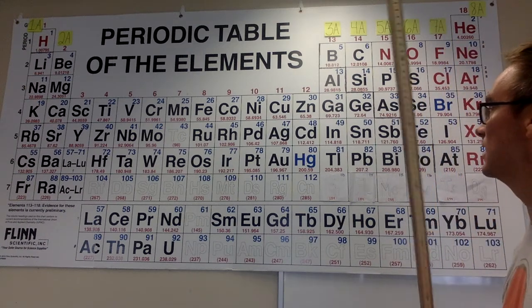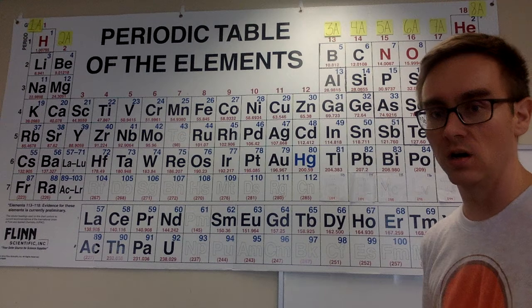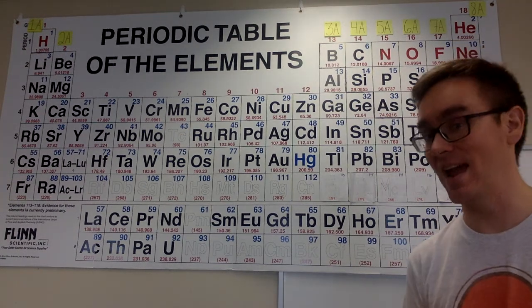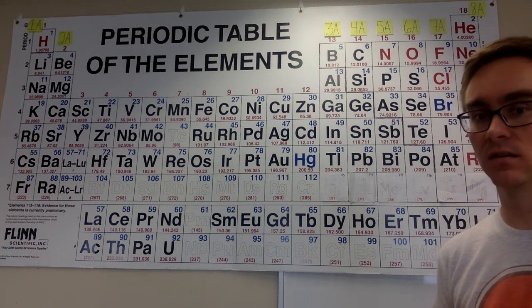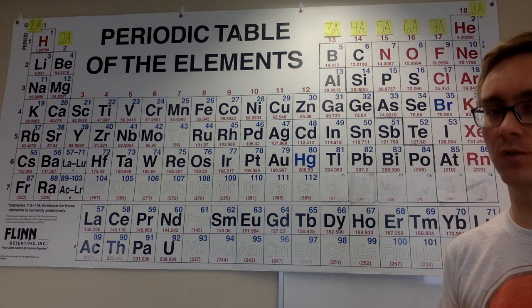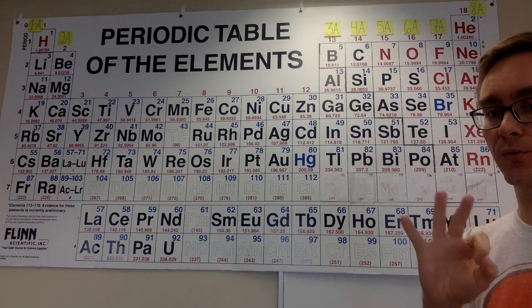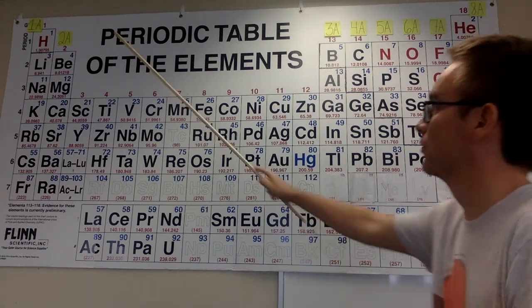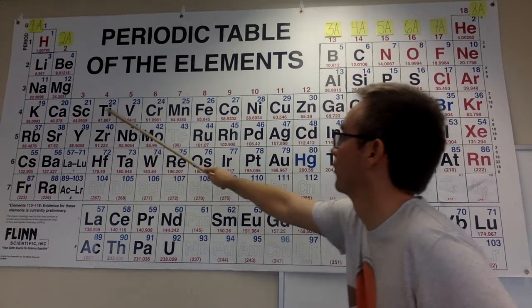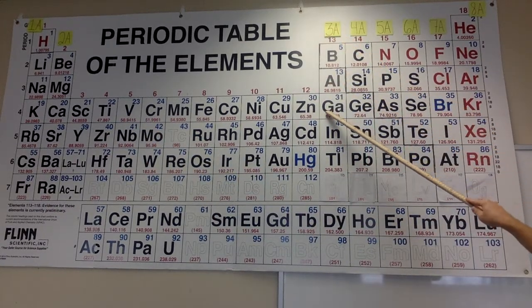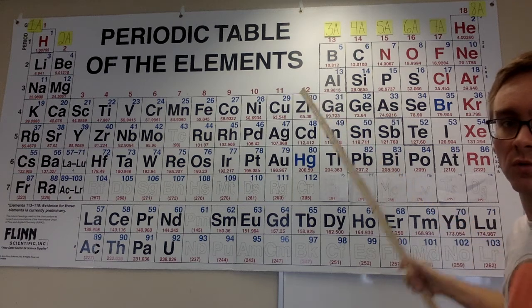All right. If I wanted to say what element is in period 4, group 3A, take a second. Period 4, that's the fourth row, group 3A, it's Ga, or gallium.